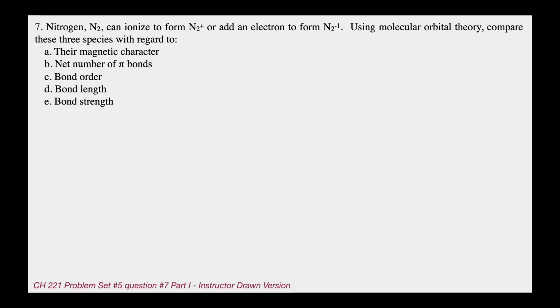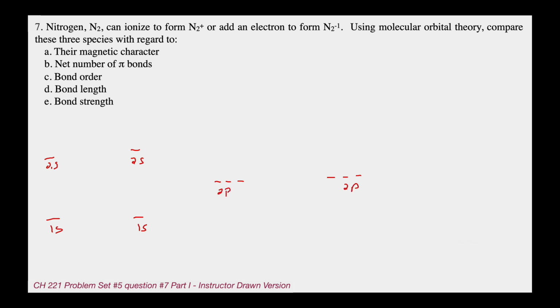And NBC, the nitrogen, boron, and carbon version, looks a lot like the OFNE we did on O2 earlier and NO plus just a little bit ago, but there's a little bit of difference in how the bonding electrons go in. So like before, I'm going to try and draw the neutral N2, and I'm going to start by putting the 1s and the 2s here on the left, and I'm going to have a second nitrogen, so 1s, 2s, and then like before, the two P's.